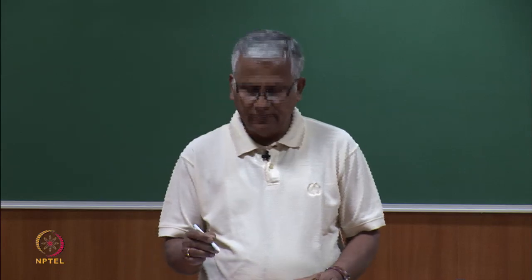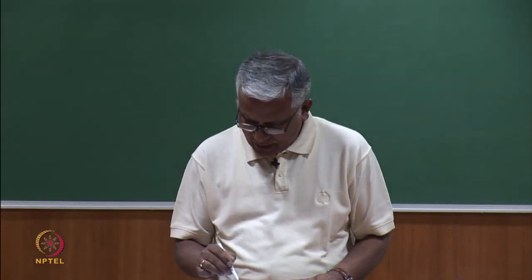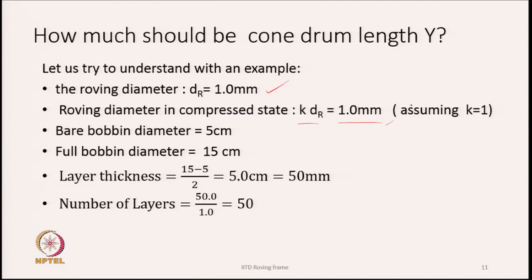Anyway, let us say there is a factor k, but for the time being we are assuming k to be 1, and hence the diameter of the roving in a compressed state is also equal to 1. So, bare bobbin diameter, let us say 5 centimeter, full bobbin diameter is 15 centimeter.